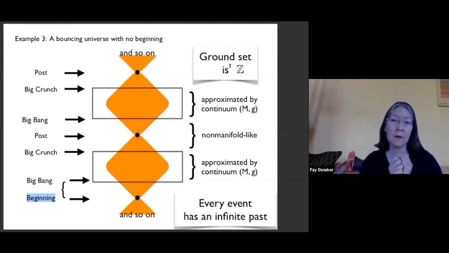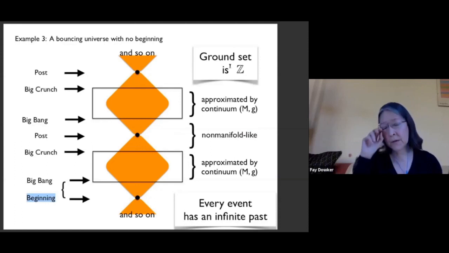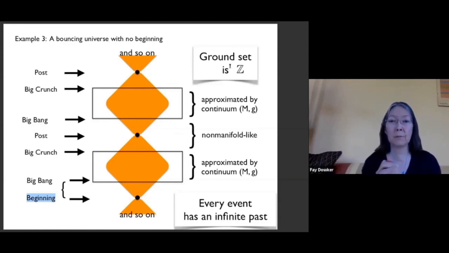That's just a countable number of disconnected elements. They could just be the integers. So that's an infinite causal set with ground set the integers, but every event doesn't have any past or future at all. So it certainly is not past infinite. So this causal set that I've depicted is past infinite, and its ground set is Z, the integers.